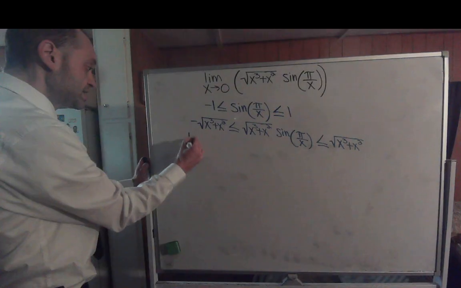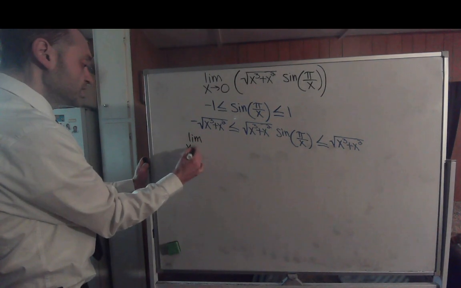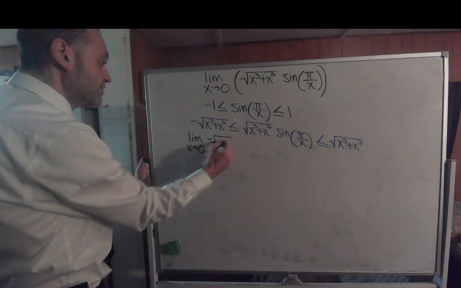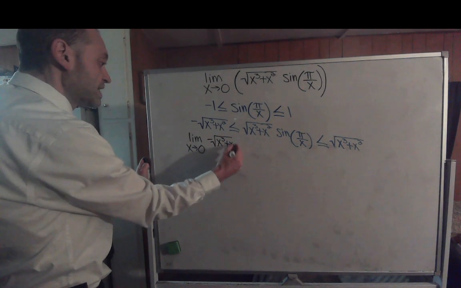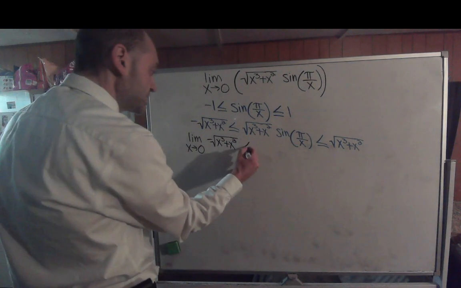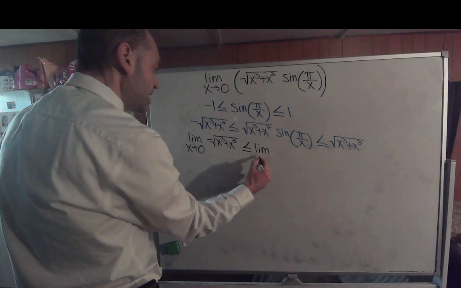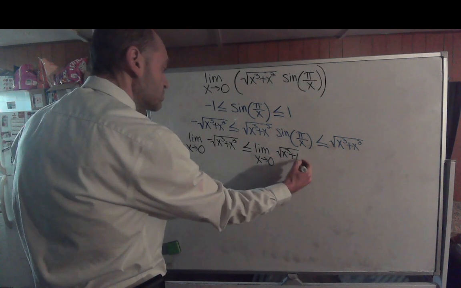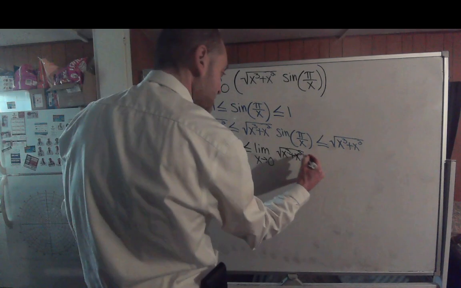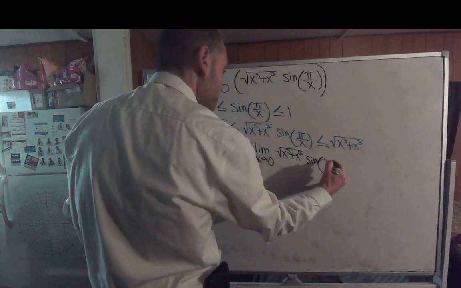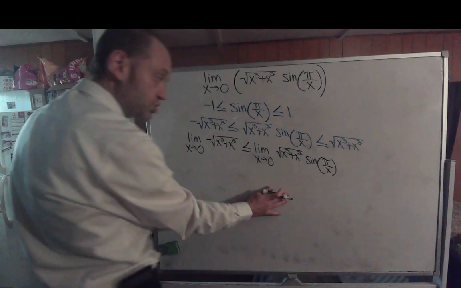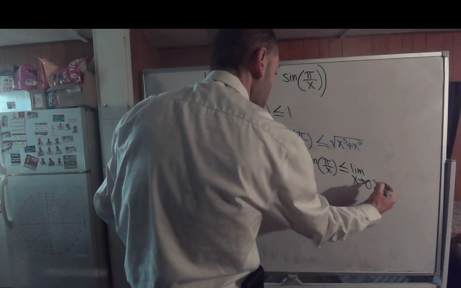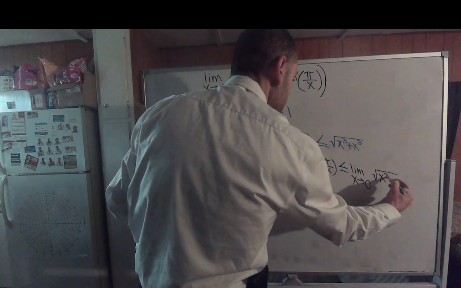So let's take the limit as x approaches 0 of this left side of the inequality, the negative of the square root of x cubed plus x squared, less than or equal to the limit as x approaches 0 of this square root of x cubed plus x squared times the sine of pi over x, which would end up being less than or equal to the limit as x approaches 0 of this square root of x cubed plus x squared.